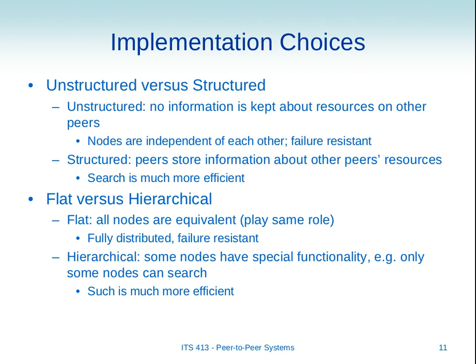The other classification is whether we have a flat system or a hierarchical system. In a flat system, all nodes have the equivalent role in the system. It's a fully distributed system. In a hierarchical system, some nodes have special functionality compared to the other nodes.